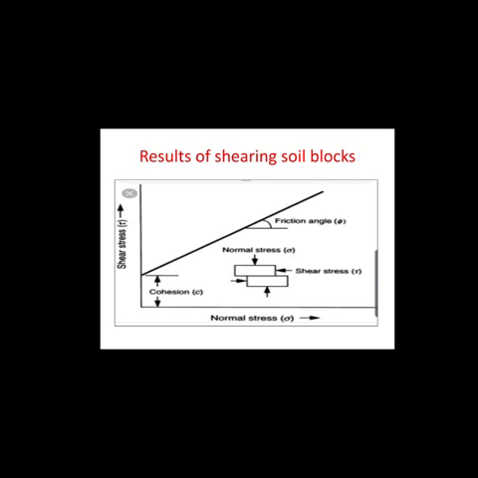It is noted here that the equation of the line is the straight line equation y equals mx plus c, where y represents the shear stress tau, m represents the slope of the line, that is tan phi, x represents the normal stress acting on the surface, and c is the cohesion or y-intercept. This concept is further explained in Coulomb's concept of shear strength.